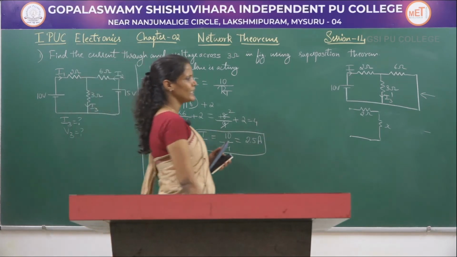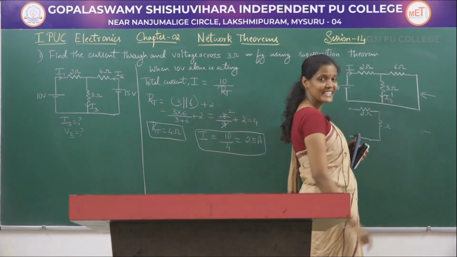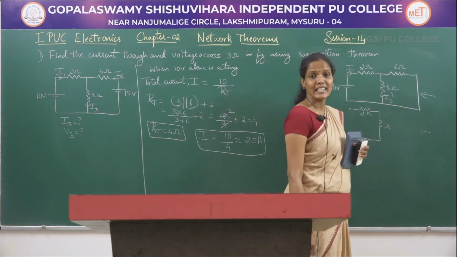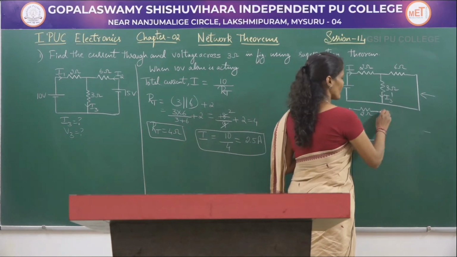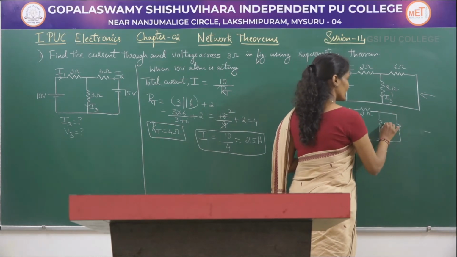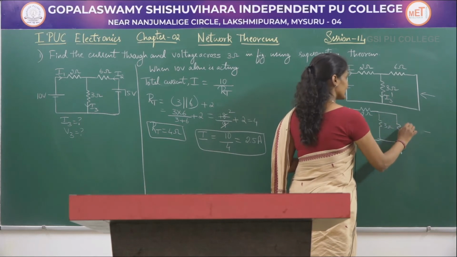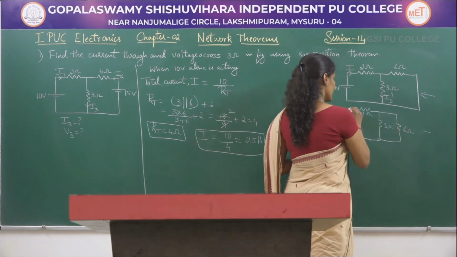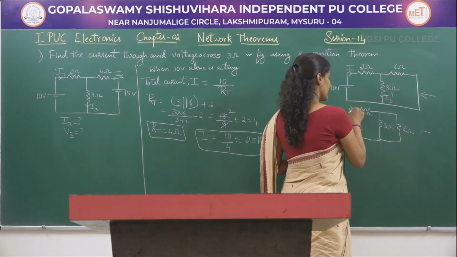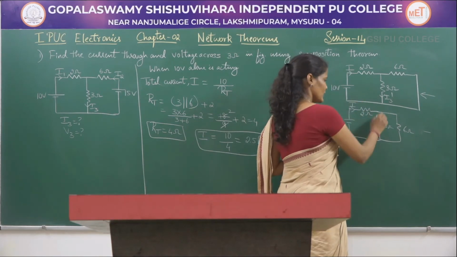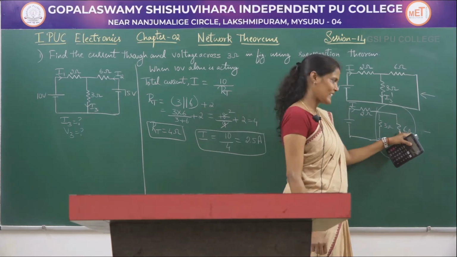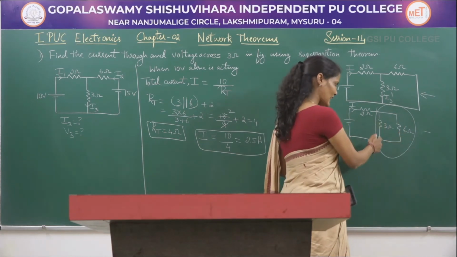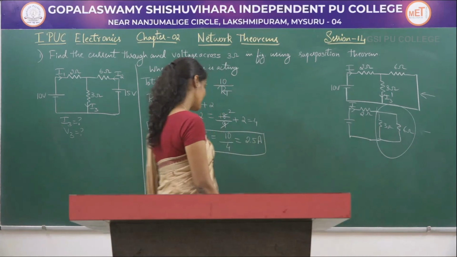Now you have to find out this branch current I3 dash using the current divider rule, where you are having two resistors which are connected in parallel. This is 3 ohm, this is 6 ohm, this is the voltage source, and this is the total current I. You have to apply the current divider rule for this parallel combination and find out the current flowing through this 3 ohm resistor.